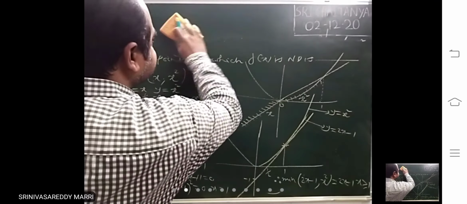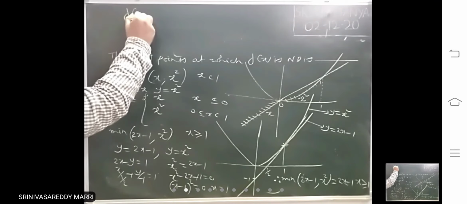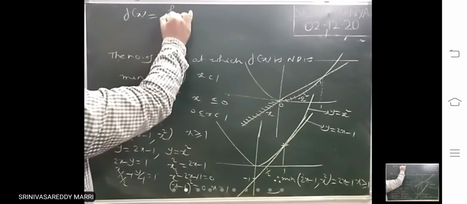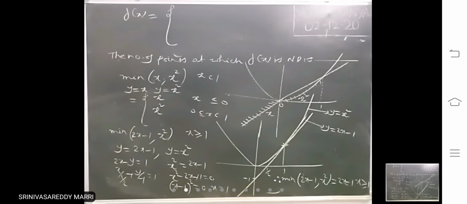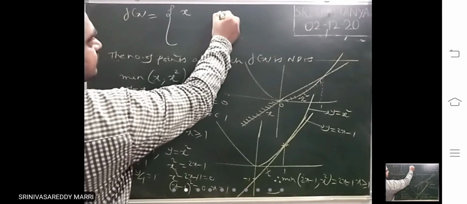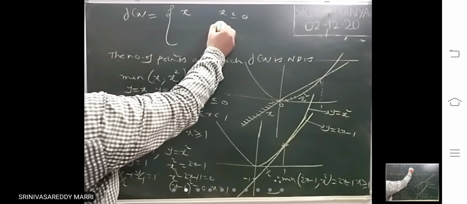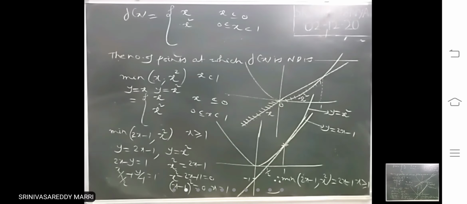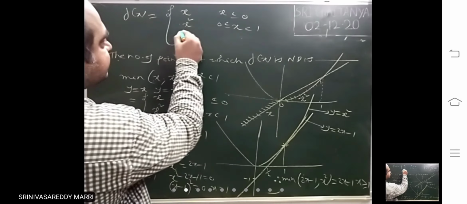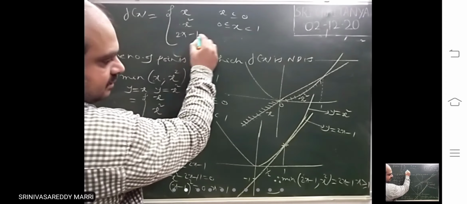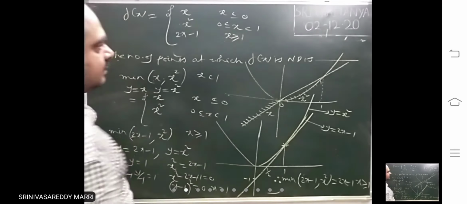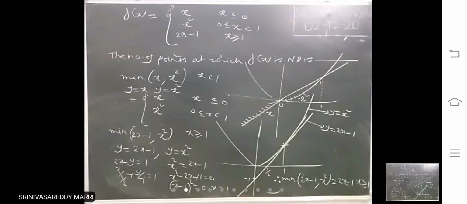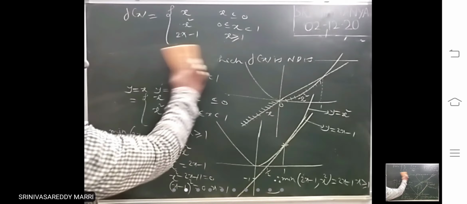Now therefore f of x is nothing but, first one x square, and then the second one 2x minus 1. So this is f of x. Now we will check the continuity and differentiability for that function.